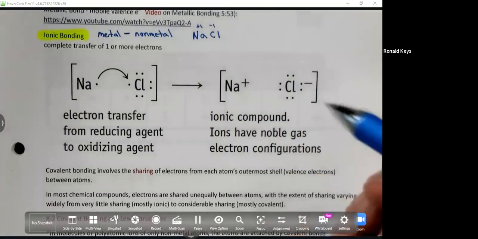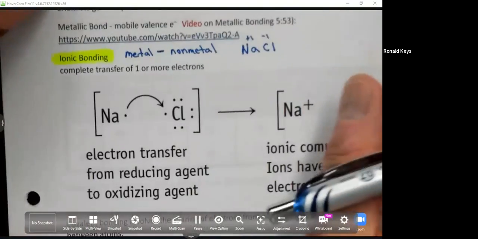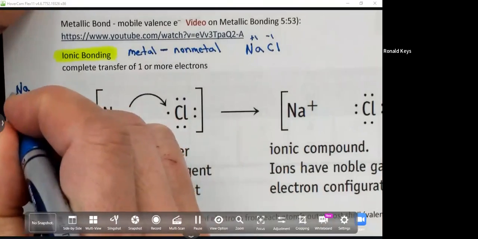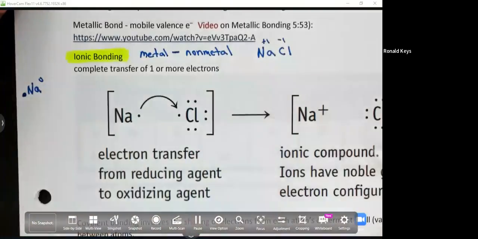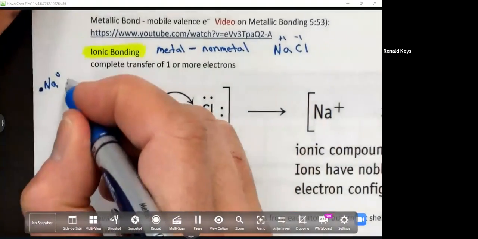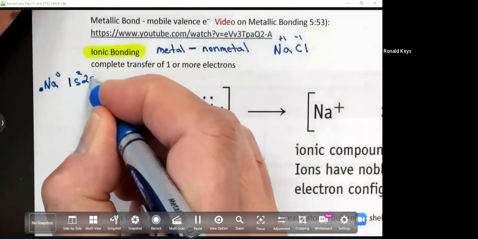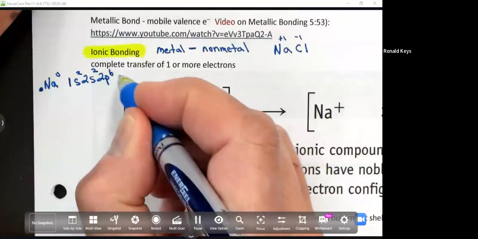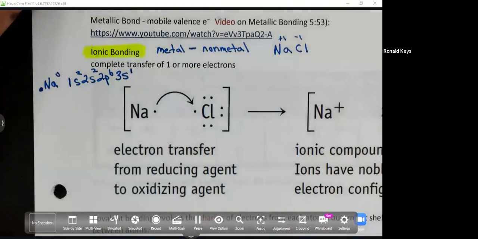If we write out the configuration for sodium, zero charge, we would have 1s2, 2s2, 2p6, and then 3s1.